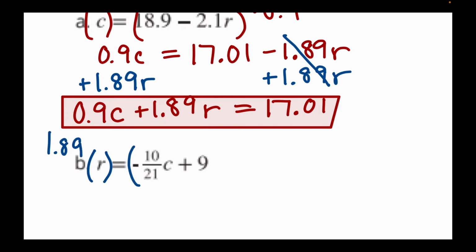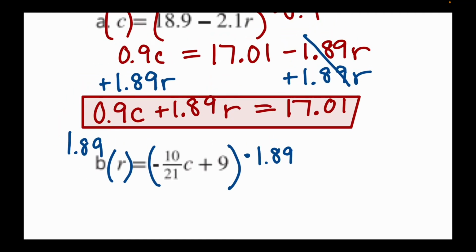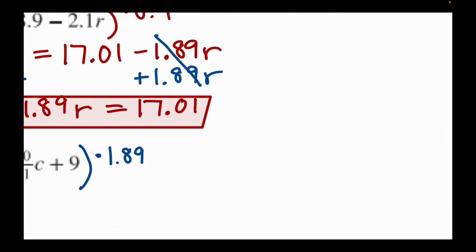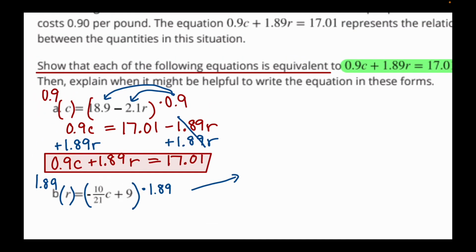And then we need to take the entire left-hand side of the equation and multiply it by 1.89 as well. So I'm not going to have a lot of vertical room to do this one, so I might show my next step starting over here. I'm going to zoom out a little bit. So this would leave me with 1.89r equals.